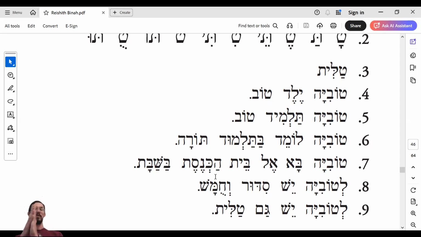But when you say Chumash, particularly in this sentence, Letovia yesh siddur v'chumash, you're thinking about two books on the desk. One is the Siddur and one is the Chumash.